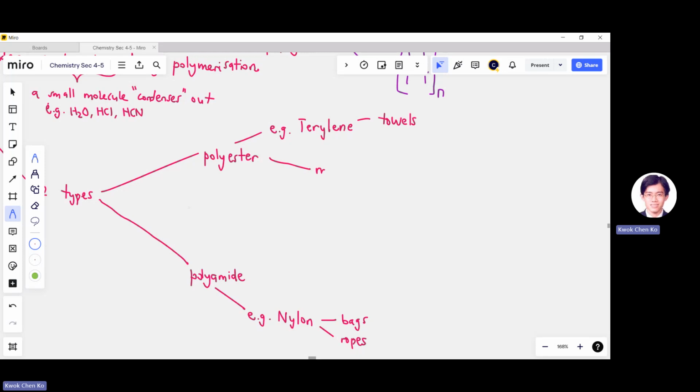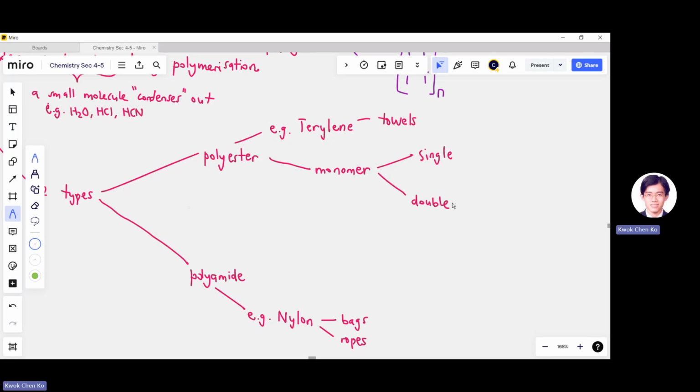What is the monomer? This is the difficult part. Alkene? No, because alkene undergoes addition, not condensation. But unfortunately, two possibilities. You have a single monomer version and a double monomer version.